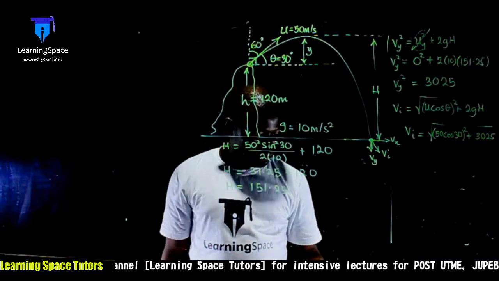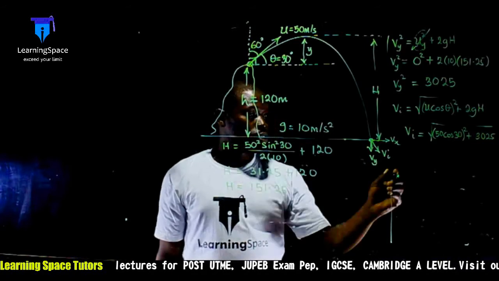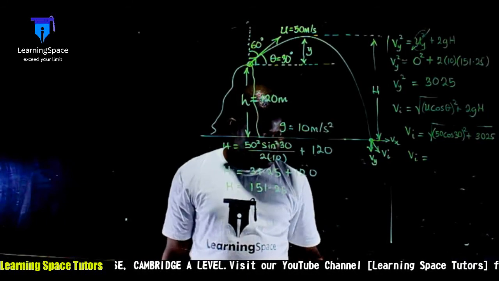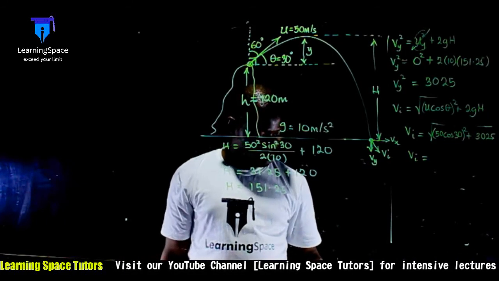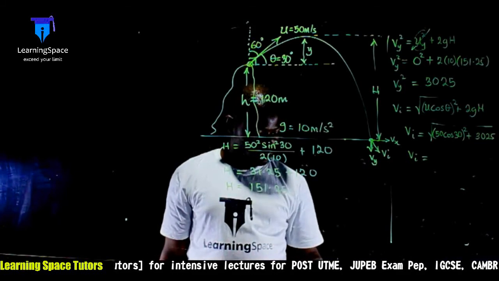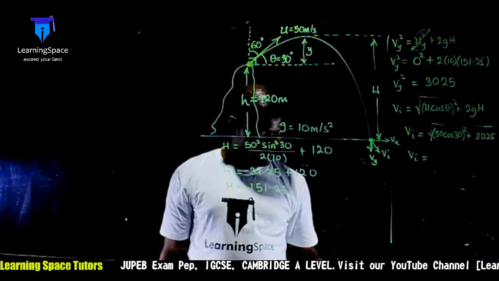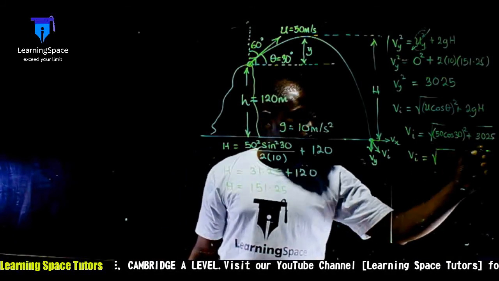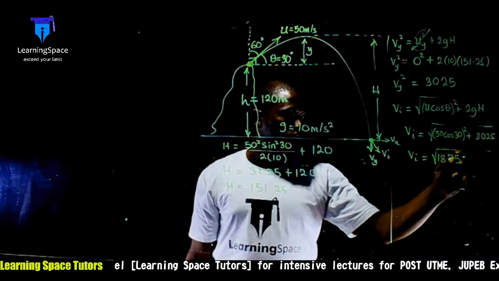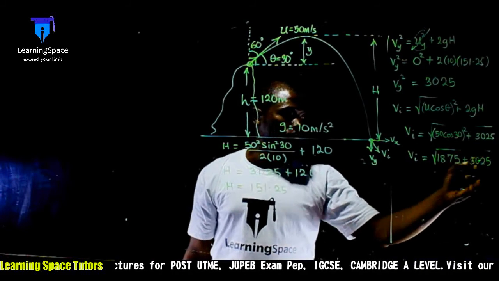When we square our 50 cos 30, we are going to have 1875 plus 3025.